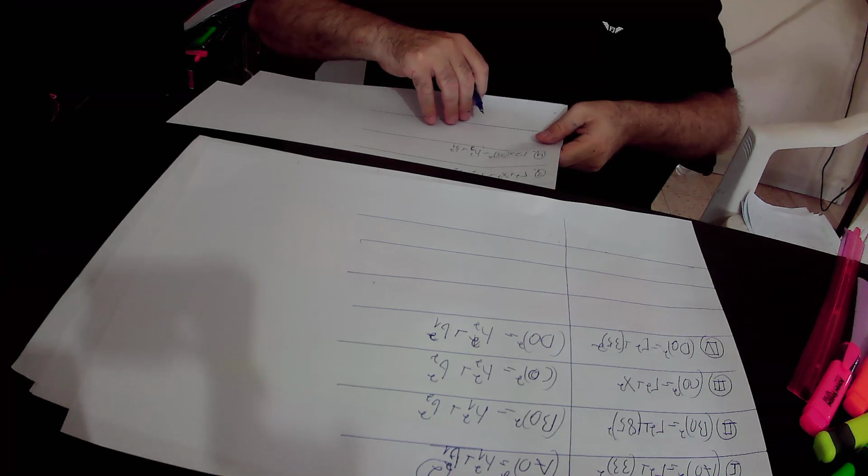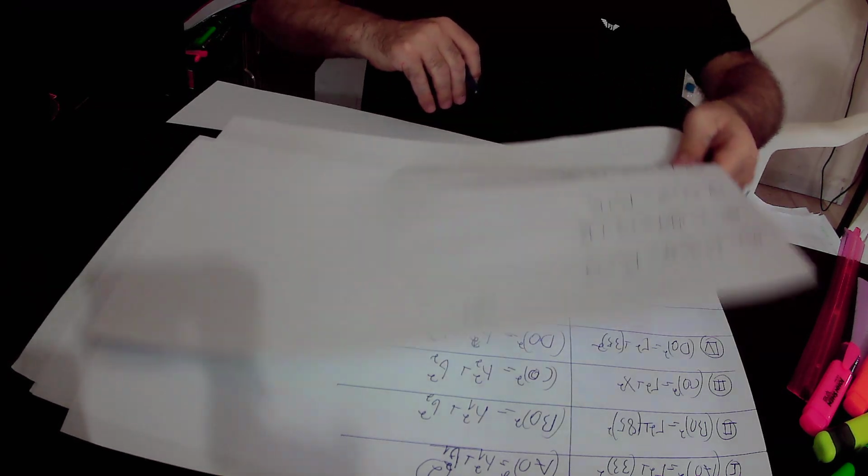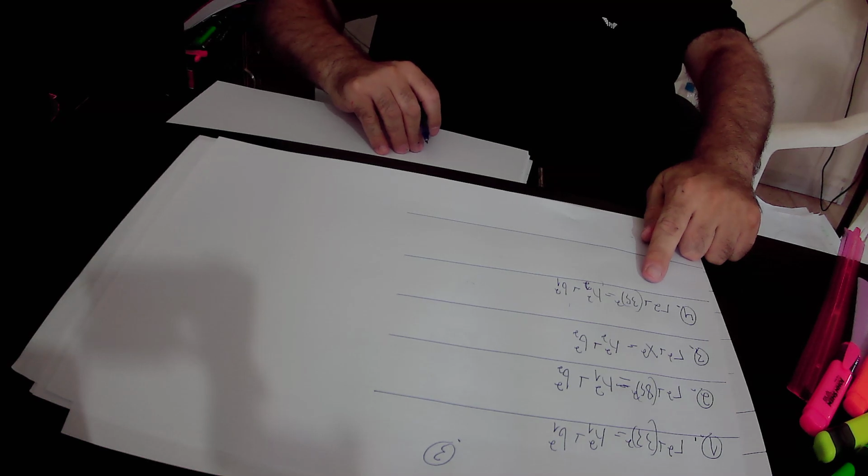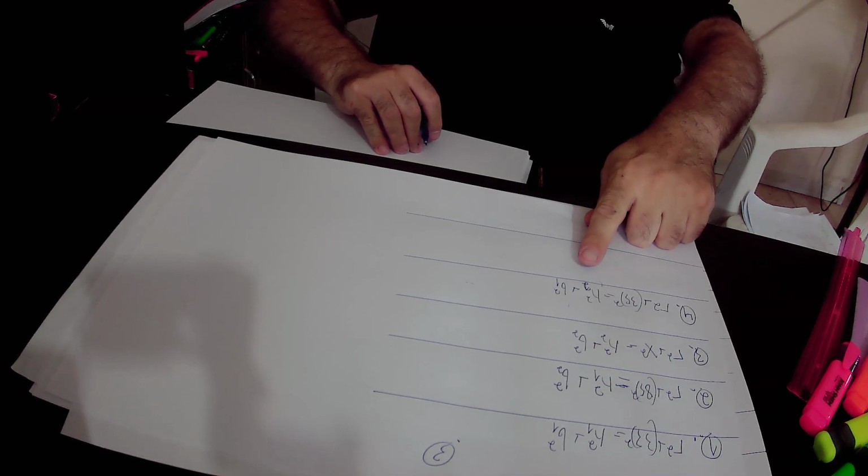So in conclusion, according to equation number 4, we found out that R squared plus 35 squared equals H2 squared plus B1 squared.